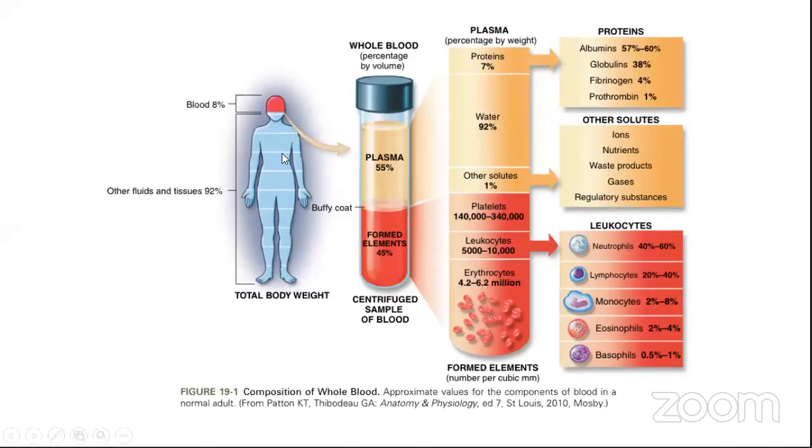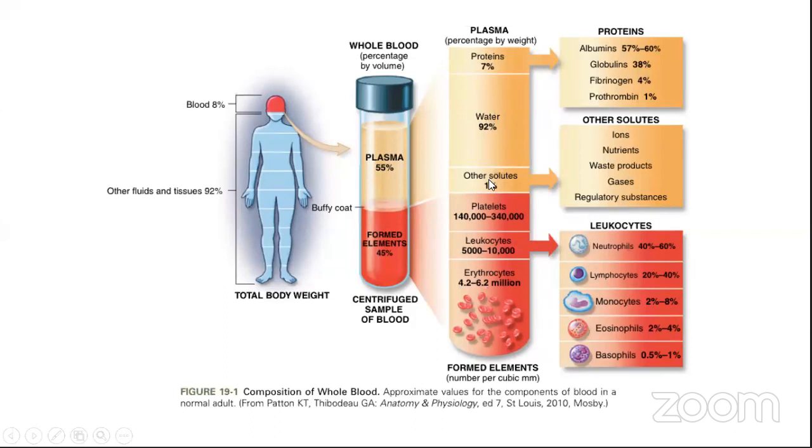Now you can understand that blood constitutes only 8% of total body weight. If you are 100 kg, 8 kg of your body weight is blood. This is a pictorial illustration to help you understand.